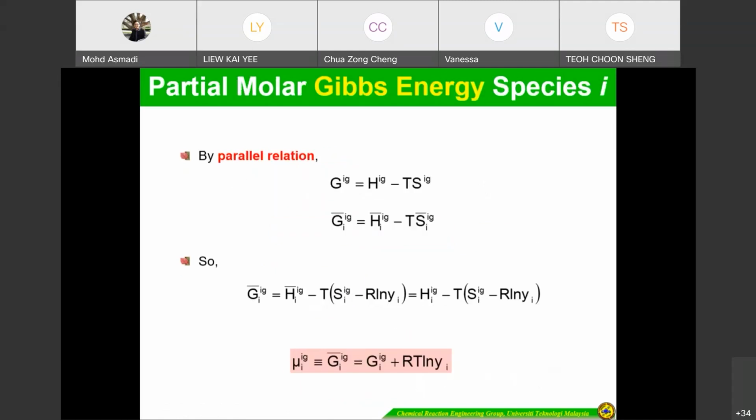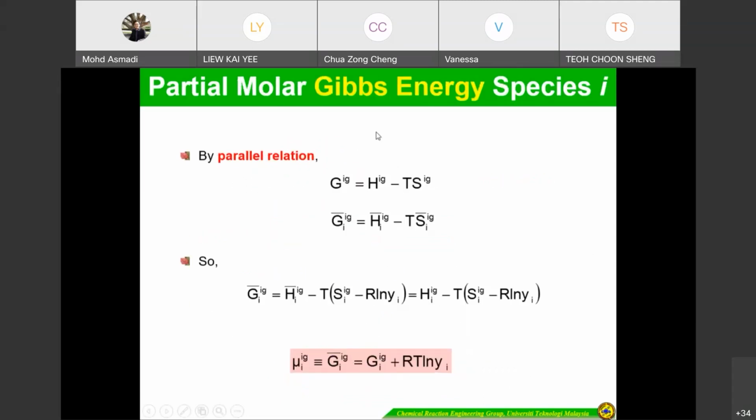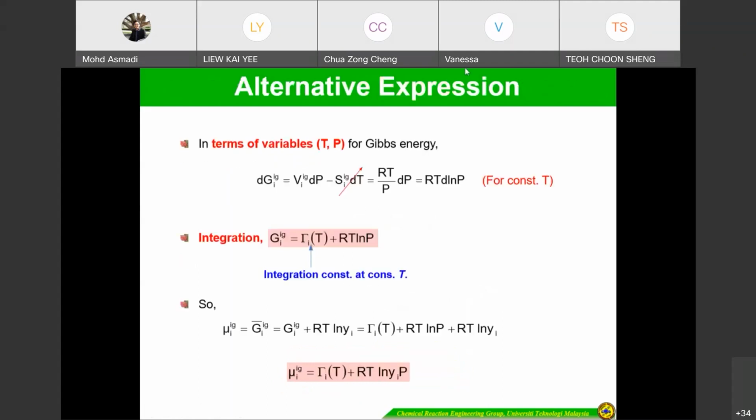In parallel, we can also express this in terms of Gibbs energy. Since the chemical potential is the partial Gibbs energy, we can write it in terms of G_i^ig plus RT ln y_i. We can write another alternative expression here, but this one has an integration constant.